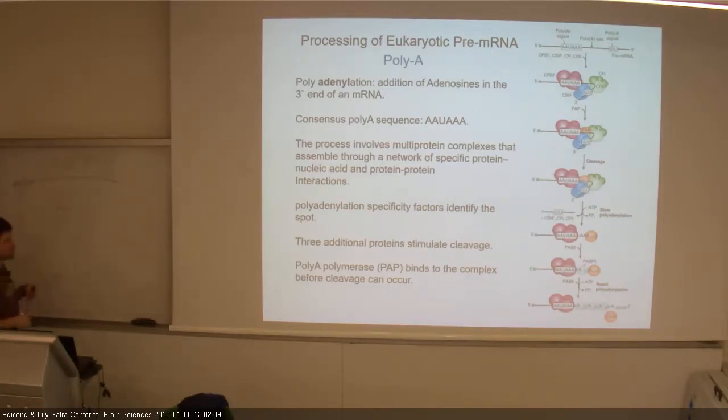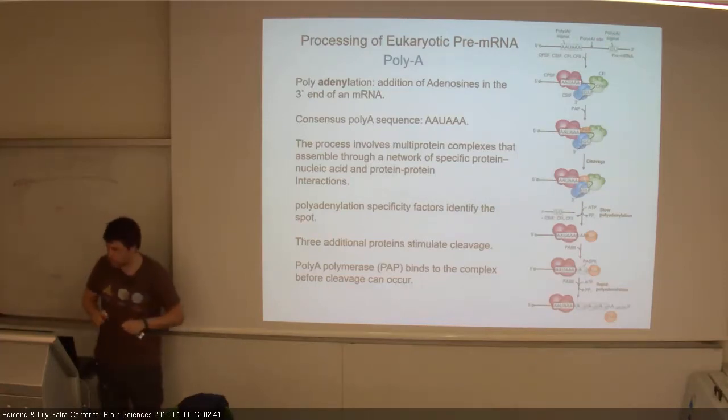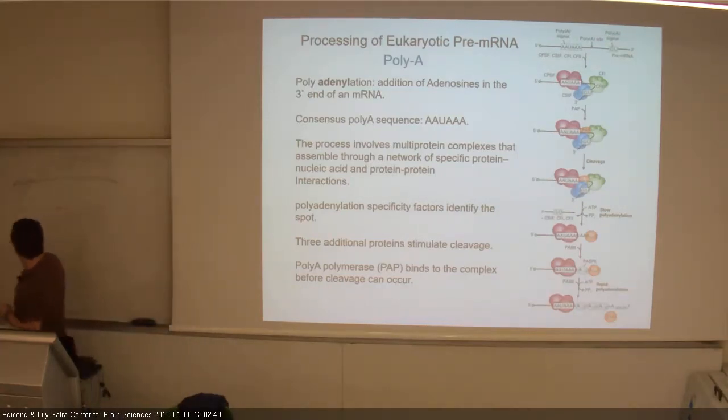There are specific enzymes that identify this signal, bind to it, and cleave the mRNA right after this segment, and then separate enzymes add a poly-A tail.